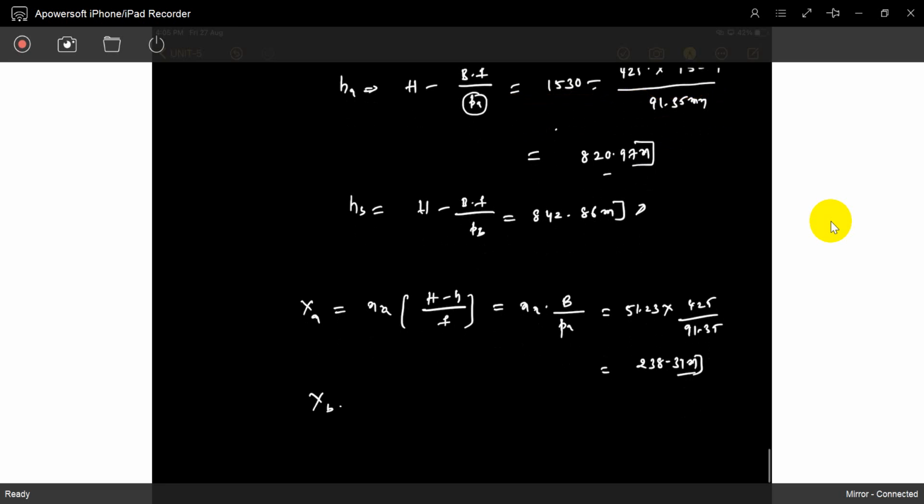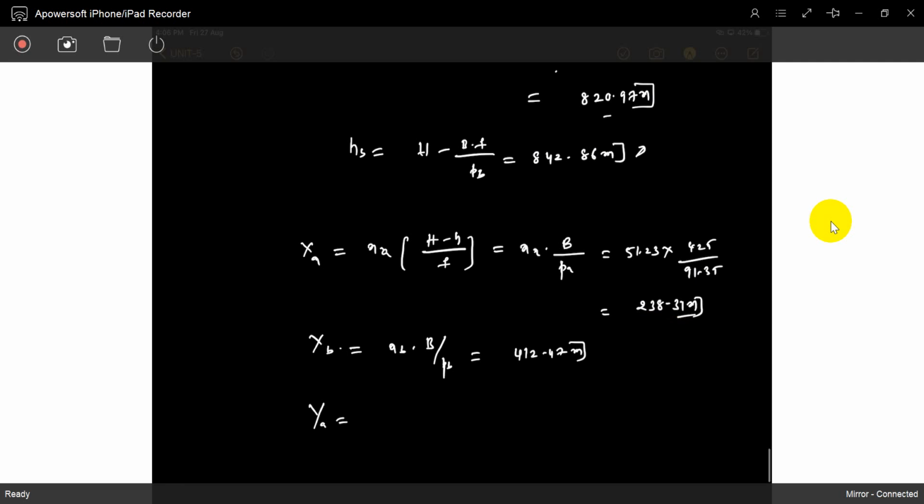So you can find XB also, using the parallax error of B. You will get 412.47 meters. YA also you will get the same way: YA 224.85.